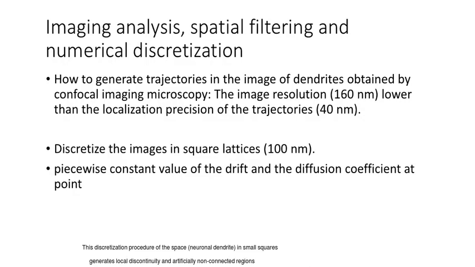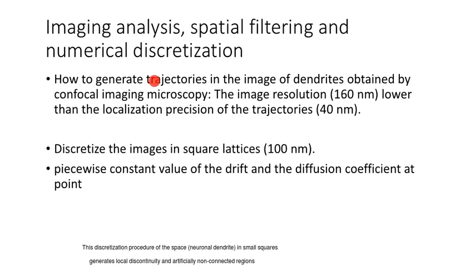What we're interested in this video is to do some image analysis, and specifically I would like to introduce a spatial filter to be able to generate the trajectories as if they were obtained from the experiments.